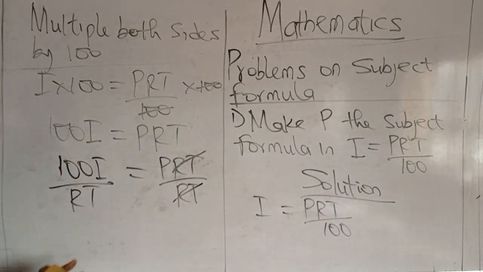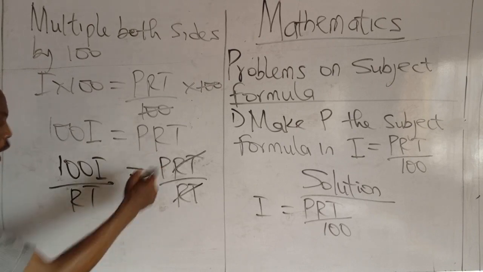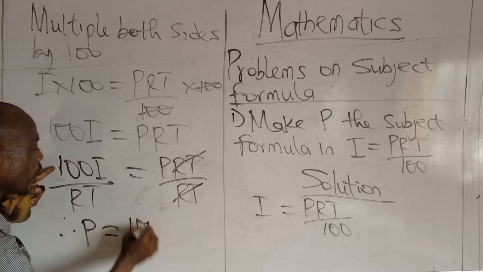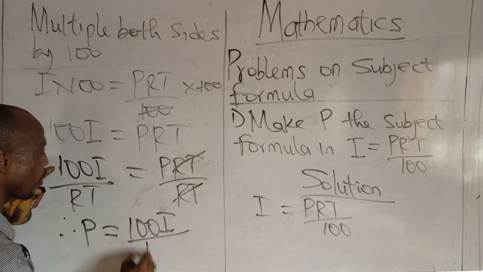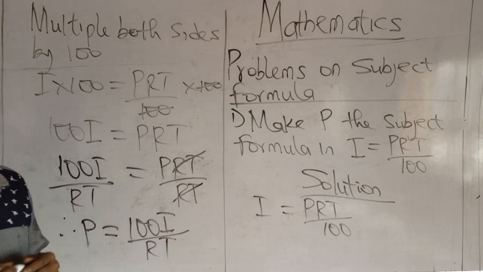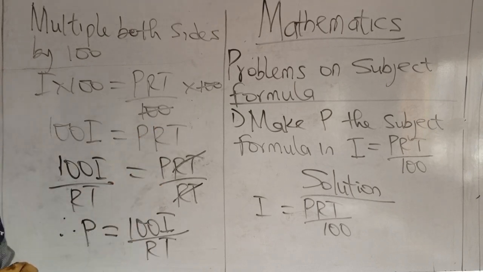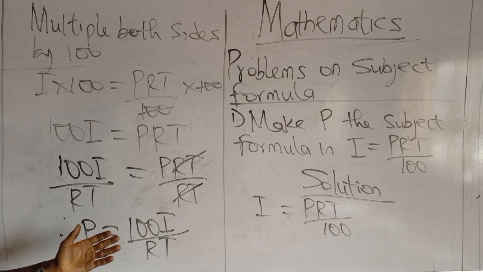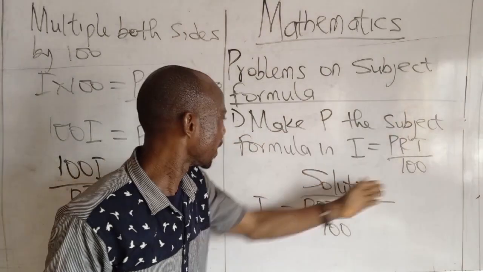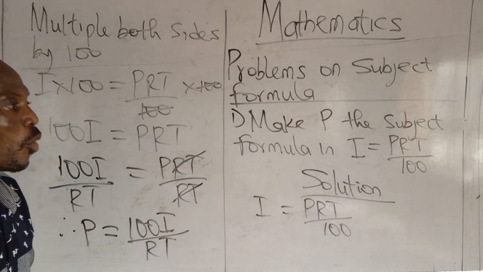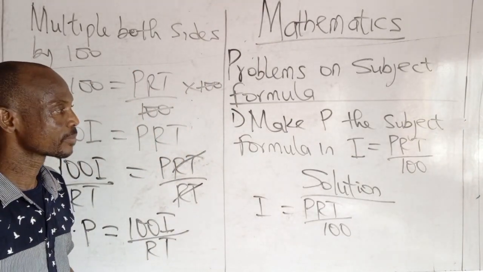Therefore, our P is equal to 100I all over RT. And that becomes the answer to that problem. So simple. Making P the subject formula in I is equal to PRT over 100.